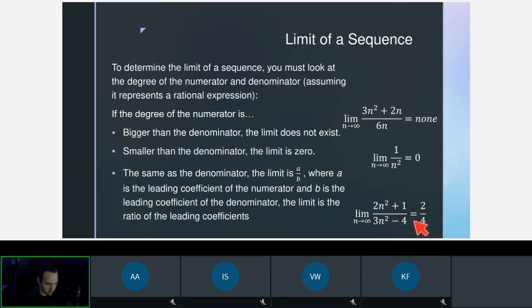This should be a 3 here. That should be 2 over 3. Cross that out, put a 3. Sorry. I need to remember to fix that.